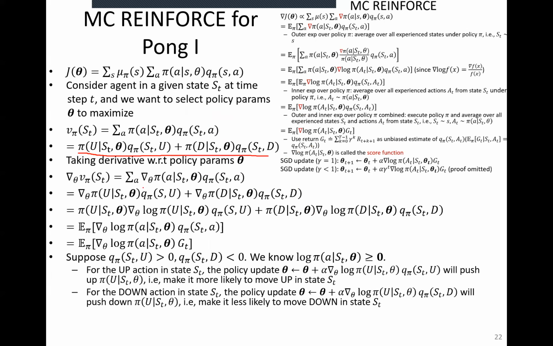And you take a derivative, you get this term, corresponding to this guy.